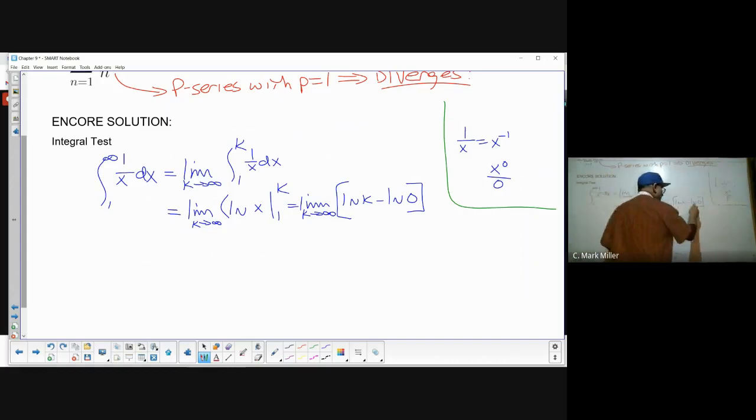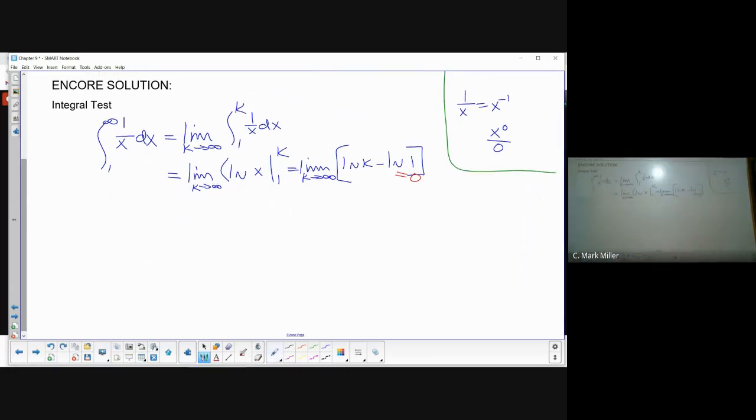Natural log of k minus natural log of... natural log of 0? No, you nincompoop. Natural log of 1, which equals 0. And the natural log of k, as k goes to infinity, remember what the graph of natural log looks like?